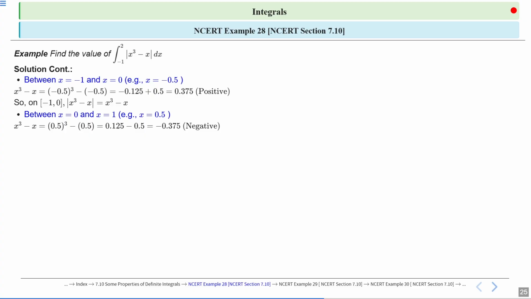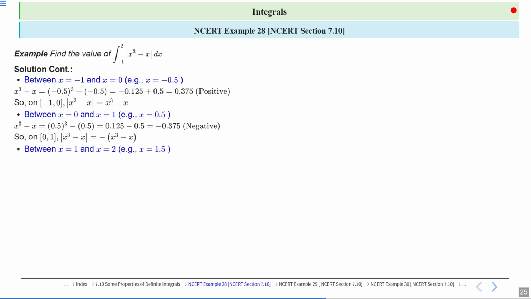So when we calculate x cube minus x, we get 0.5 whole cube minus 0.5, that is 0.125 minus 0.5, that is minus 0.375, and that is negative. So in this interval, the function is negative. So when we remove the absolute sign on the interval from 0 to 1, we get minus (x cube minus x).